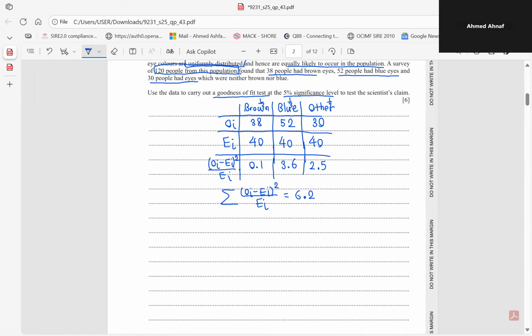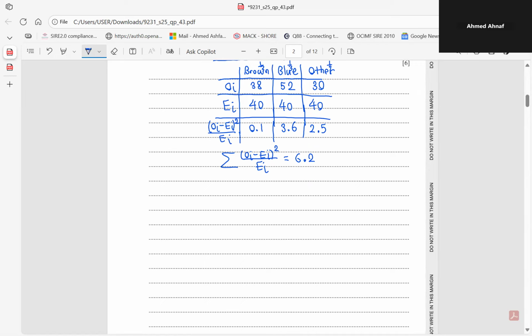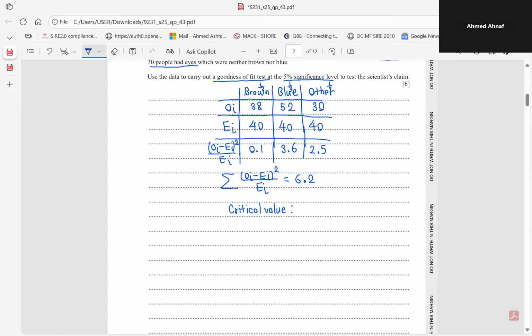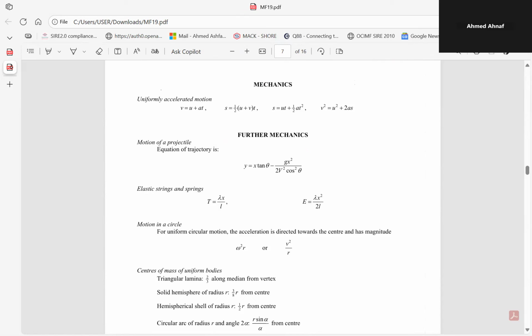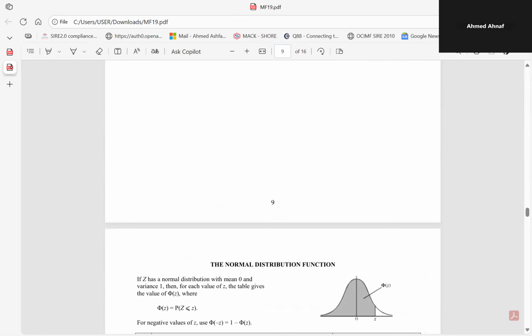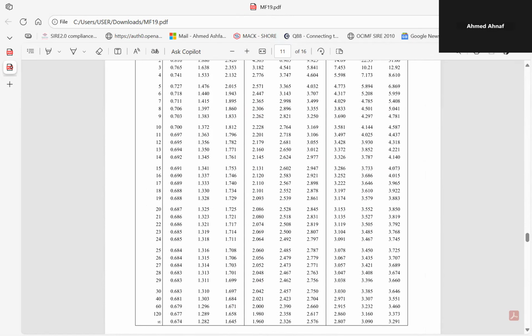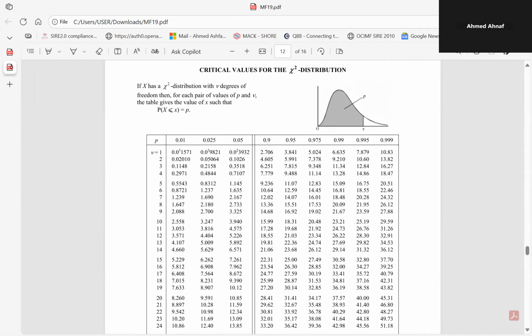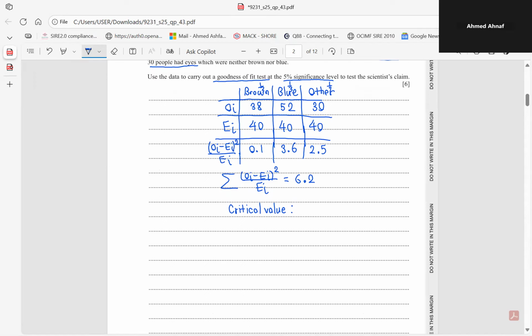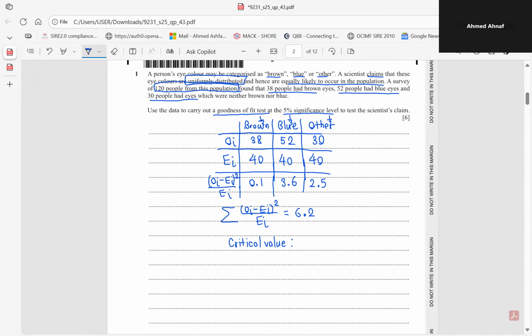Now we have to find our critical value. In case you didn't realize, we have to use the chi-square distribution for this because it is a goodness of fit test. So let's head on to the chi-square tables. To find the critical value, you also need to know the degrees of freedom.